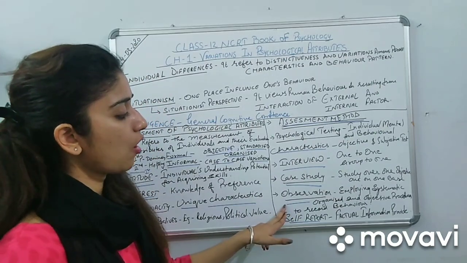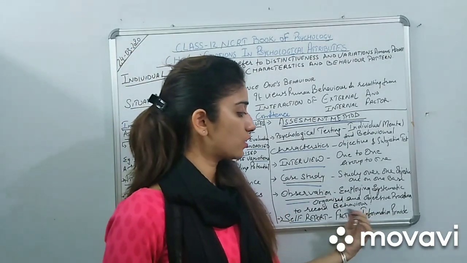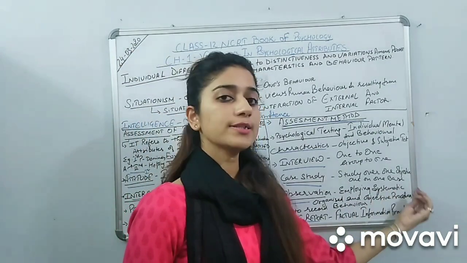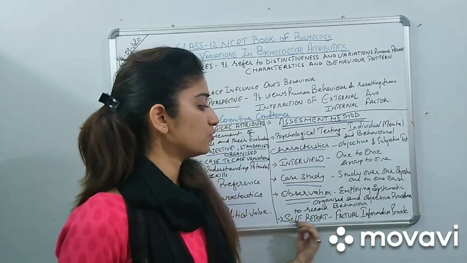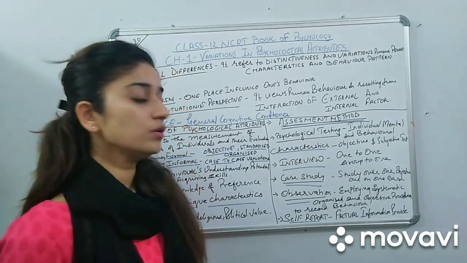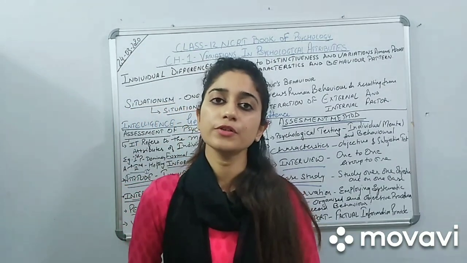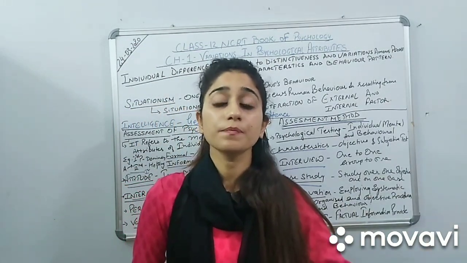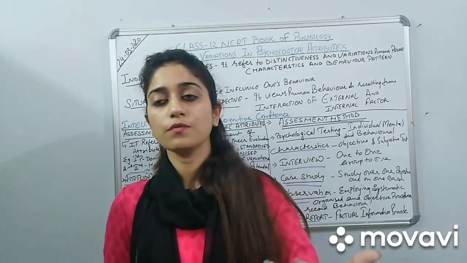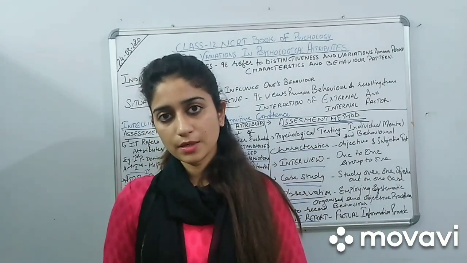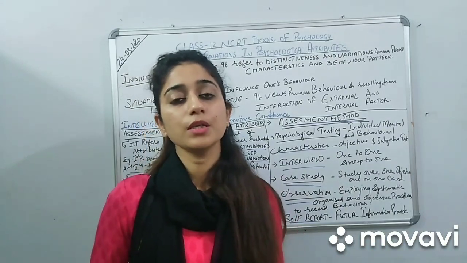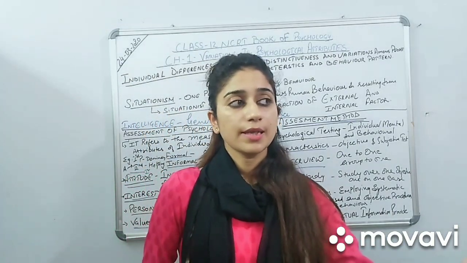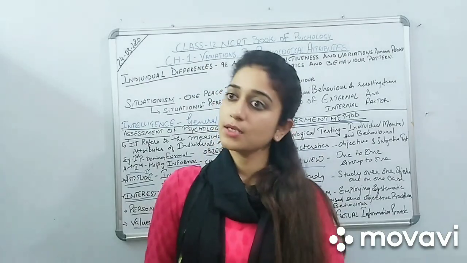Next we have observation. Observation is employing a systematic, organized and objective procedure to record behavior. How do we see people, what we understand about their characteristics, how they are working, what the positive points are and what the negative points are.